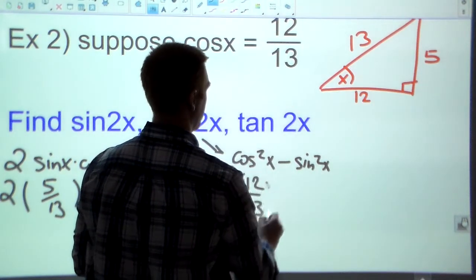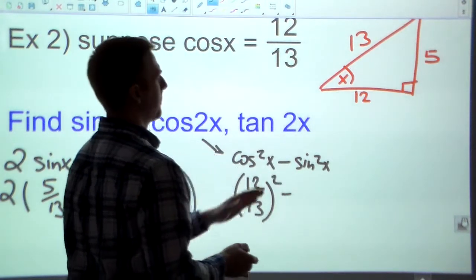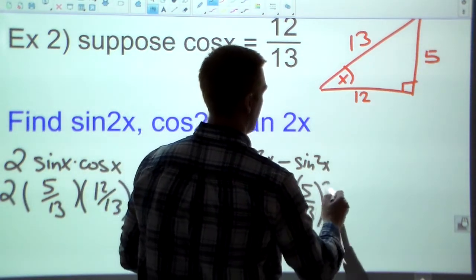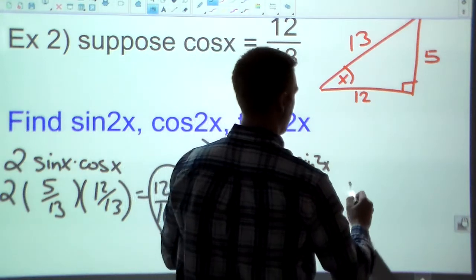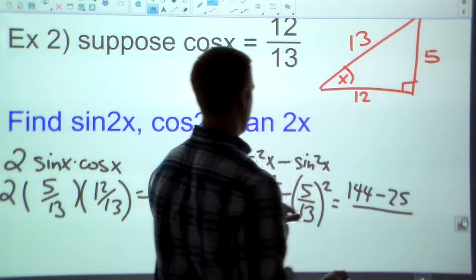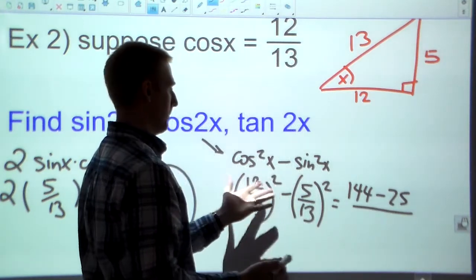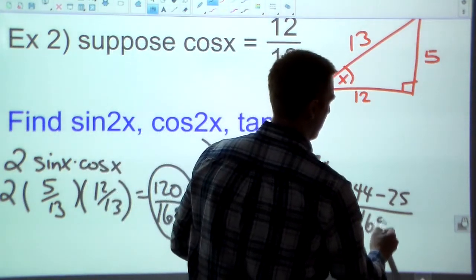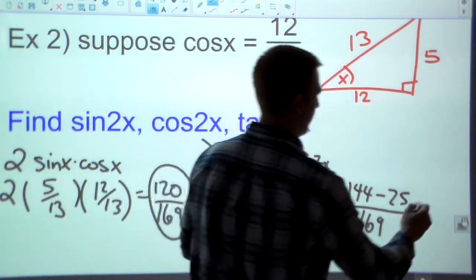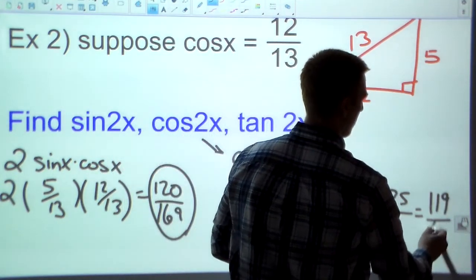So 12/13 squared minus sine, which we said was 5/13, we square that. So that's going to be 144 minus 25, and I put them together because they're both over 13 squared, which is 169. So to wrap that up, we're going to get 119 over 169.